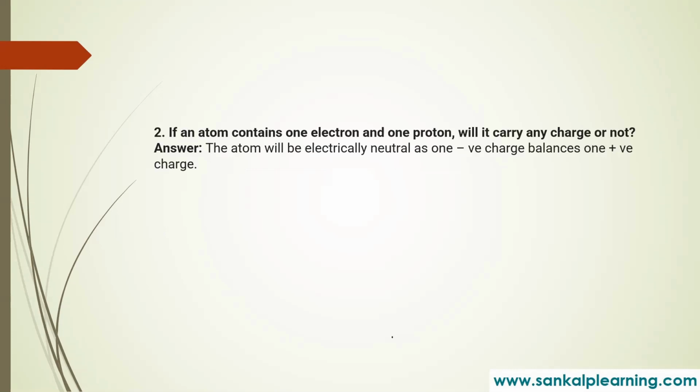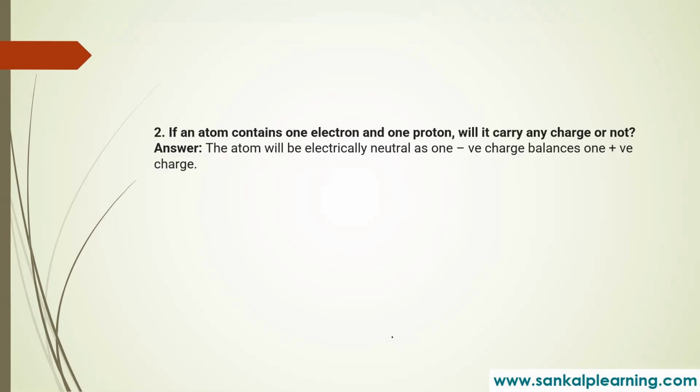If an atom contains one electron and one proton, will it carry any charge or not? See, the atom will be electrically neutral. Why? Because the number of protons is equal to the number of electrons. Protons are positively charged, electrons are negatively charged.